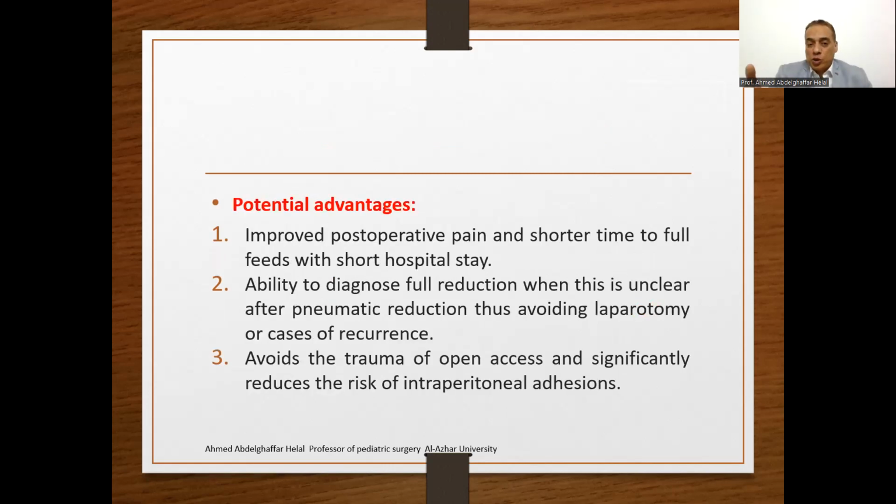Potential advantages of laparoscopy, as all of us know, are improved post-operative pain, shorter hospital stay, and the ability to diagnose full reduction when this is unclear after pneumatic reduction, thus avoiding laparotomy or recurrence. It gives an overview of the whole abdomen, avoids the trauma of open access, and significantly reduces the risk of intraperitoneal adhesions.